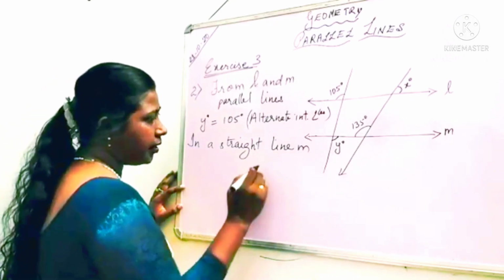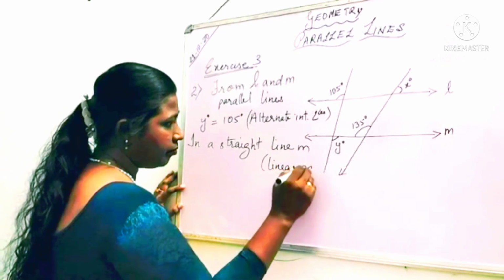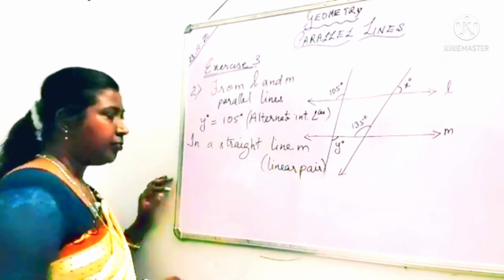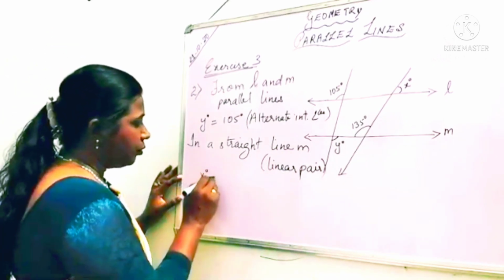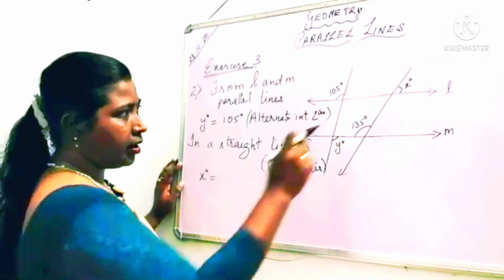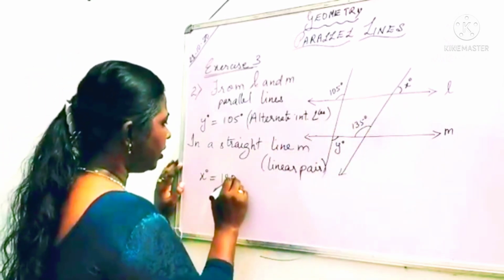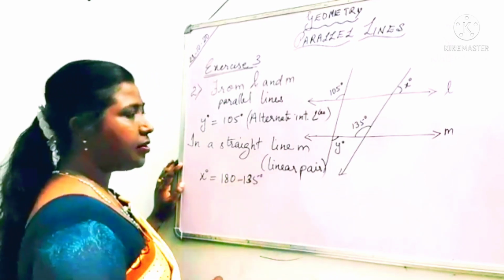So in the bracket I will write linear pair. Then X degree is equal to 180 minus 135 degree. Can I write like this?